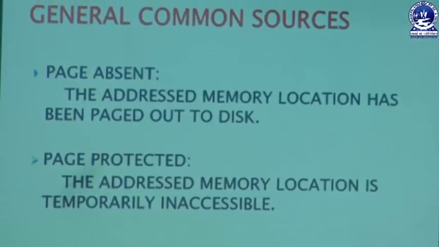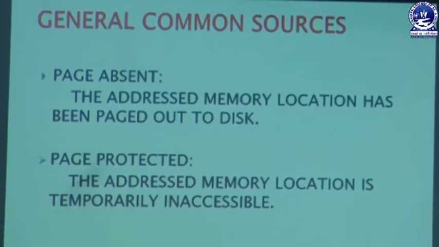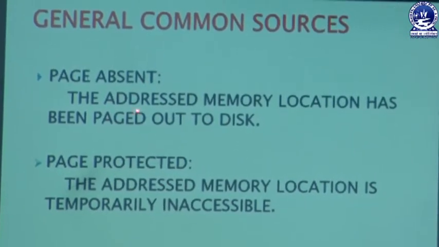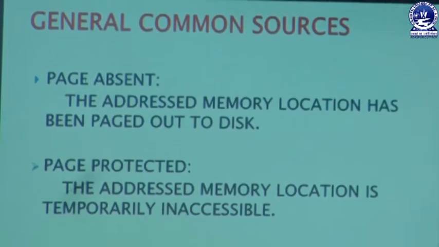So what are they? Now we go to our next concept, the different common sources through which a memory fault arrives. The first source is page absent. That means the addressed memory location has been paged out to the disk.